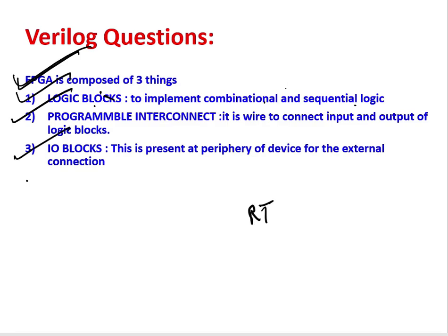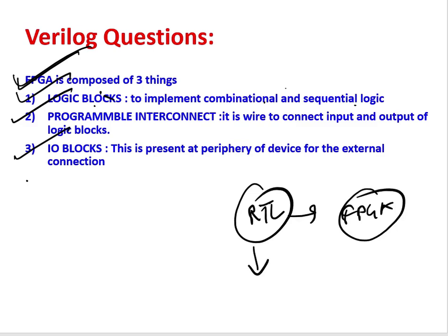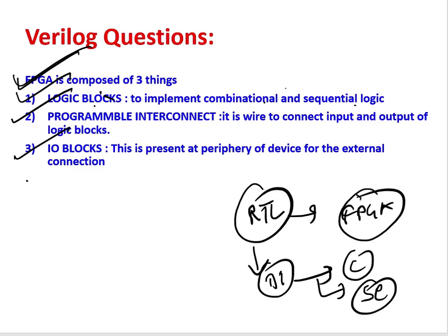See, you are porting RTL code to the FPGA board, and you are writing RTL code for your digital logic. Digital logic can be combinational or sequential. So there should be some kind of logic inside FPGA to test your RTL, either combinational or sequential design. That part is called logic blocks.